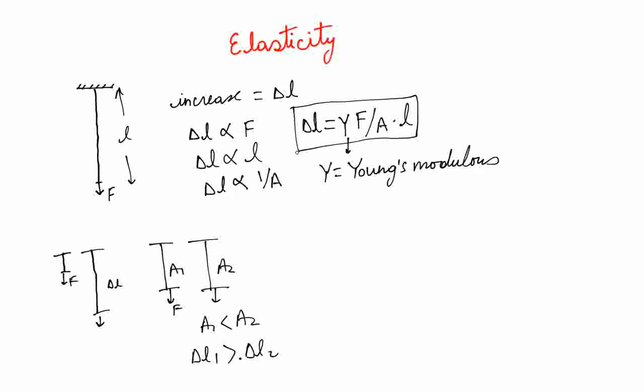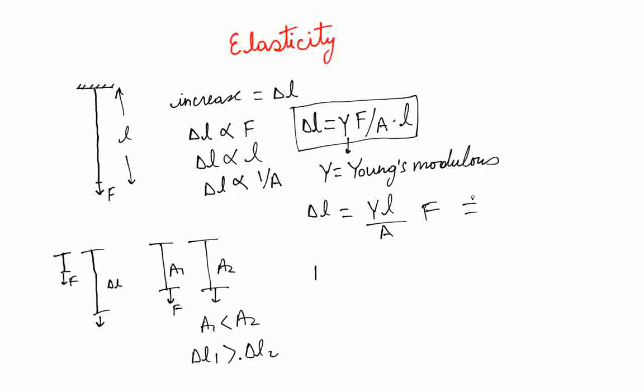You might have also noticed that you can rewrite this formula as delta L equals YL over A, times F. And if you recall Hooke's law, you see this whole formula looks very close to it.